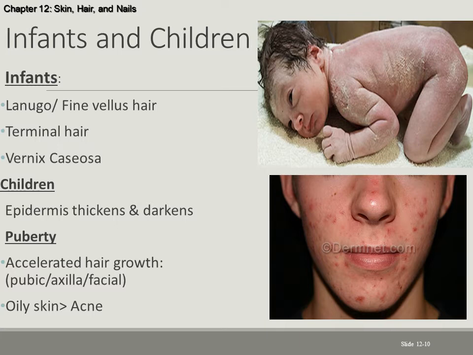Newborn skin is not as mature as the older adult's, and so we have to protect them from the environment, because it'll be easier for substances to get absorbed through their skin. So the vernix is protective for the babies.